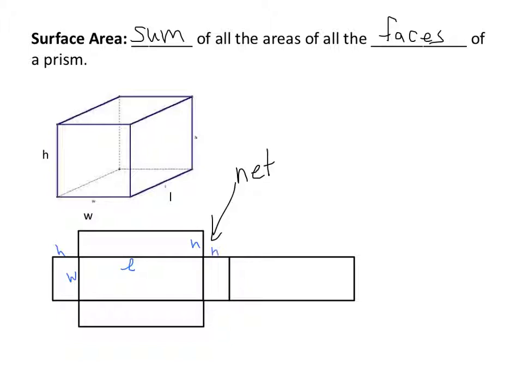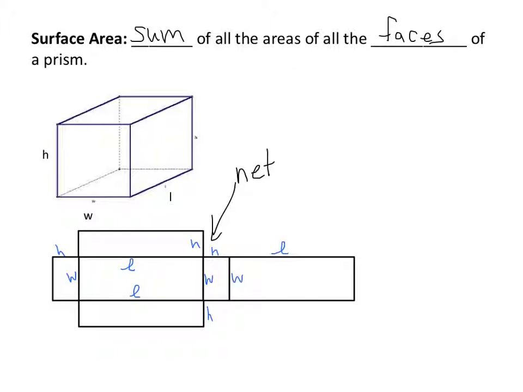Same thing here, we have a height and a width. Here we have a length and a height. And here we have a width and a length. The one thing you'll notice is that each of the faces, the one that's opposite is congruent to it.